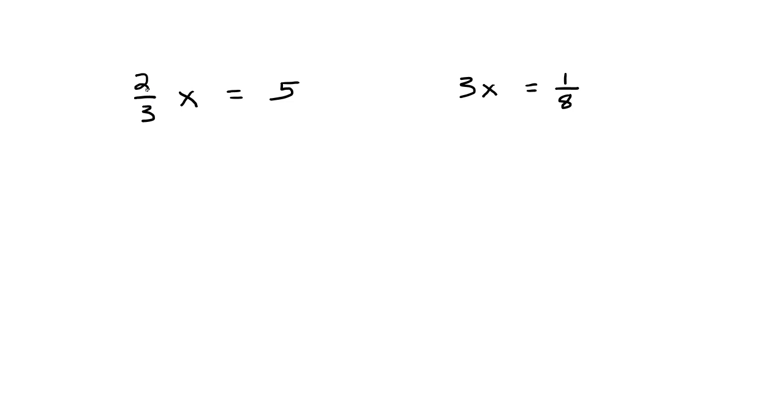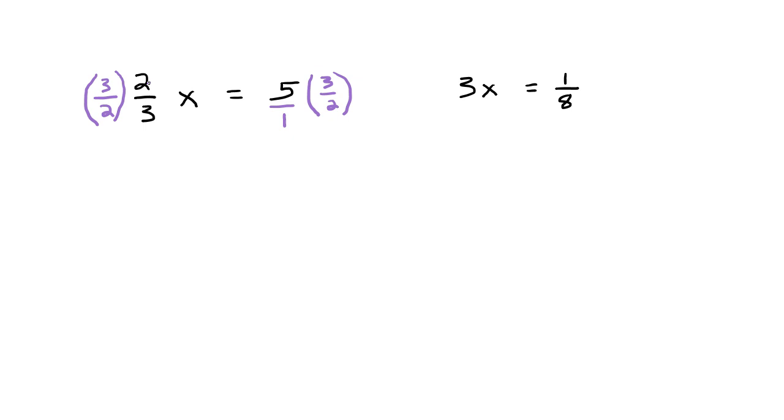There's another way to get this to be a 1x. The way that I do that is, instead of dividing by 2/3, I multiply by the reciprocal of 2/3, which is 3/2. And if I do it on the left, I must do the same thing on the right. And since I'm multiplying with fractions, I'm going to put that 5 over a 1.